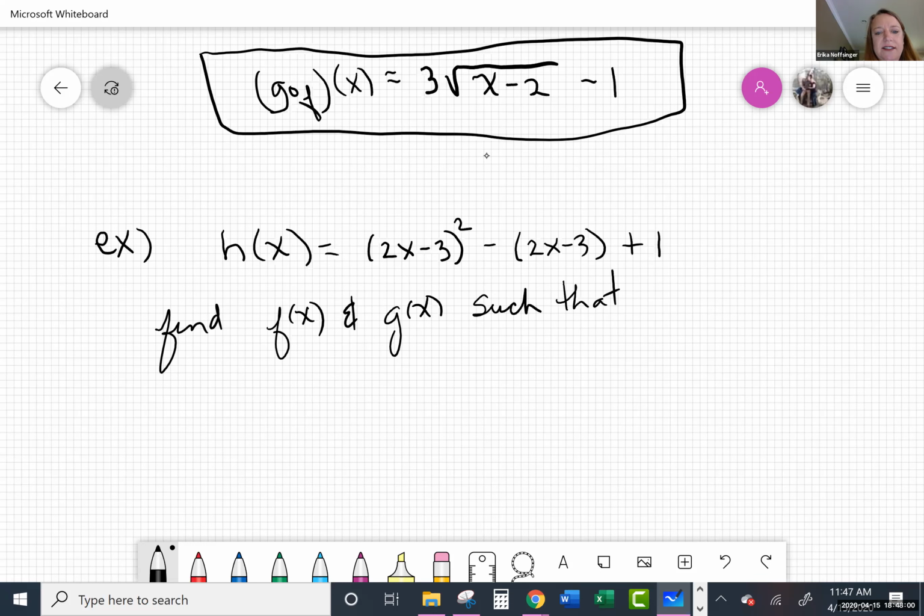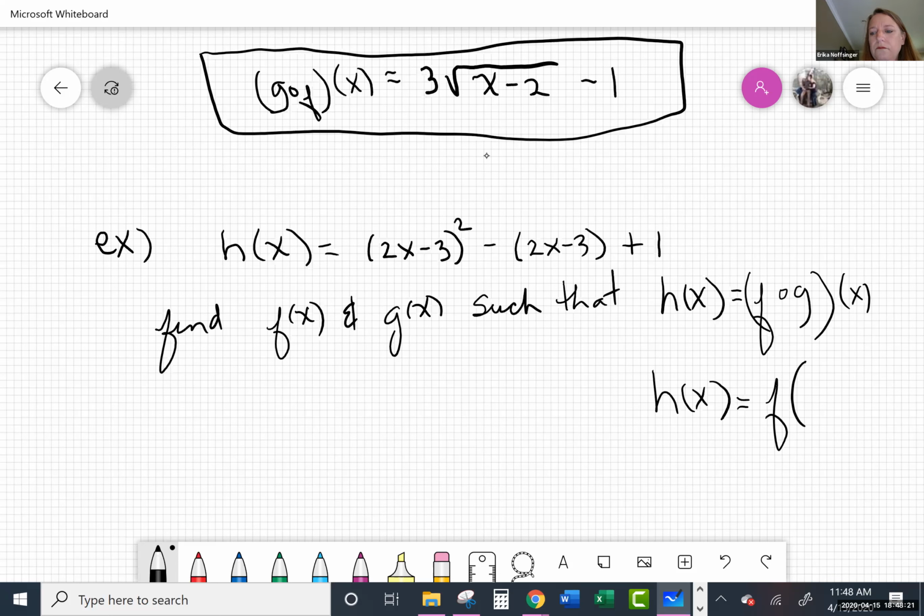Such that h of x, this equation up here, would be the same thing as if we took the composition of f of g of x. Okay, so the trick on this is see if there's anything repeating itself.